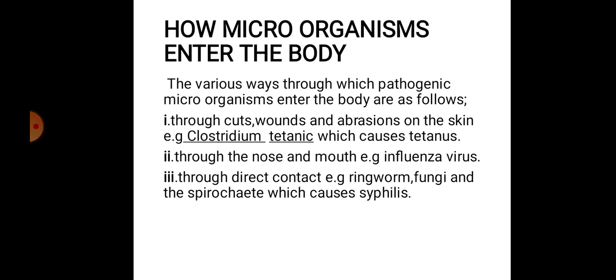So when you have a cut, ensure that you treat that cut. Even if it is an abrasion, make sure that you treat it. Else, if you allow it to be there, Clostridium tetani will enter into the body through the wound or through the cut and will cause tetanus.